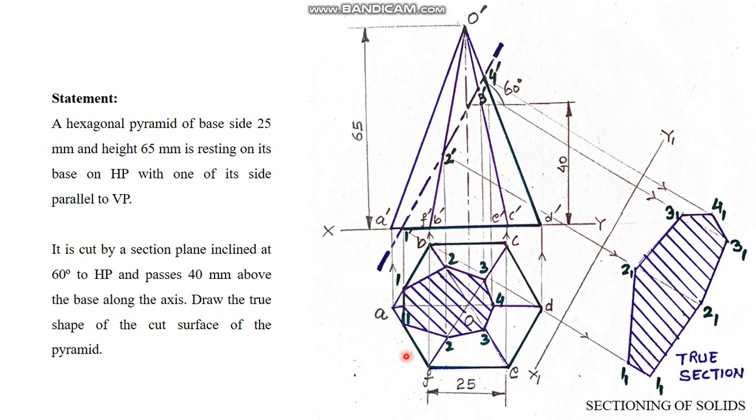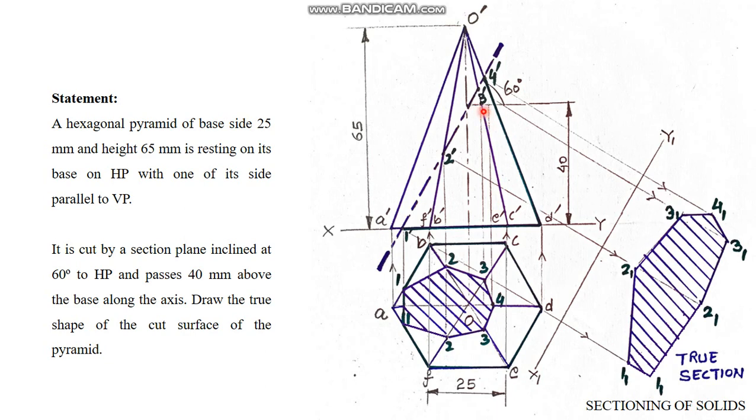When you are taking the projection from 2 dash, it should be on OB and OF, because the point 2 dash is on O dash F dash and O dash B dash in the front view. When you are taking the projection from 3 dash, in the front view O dash C dash and O dash E dash are the two edges on which this key point is situated.